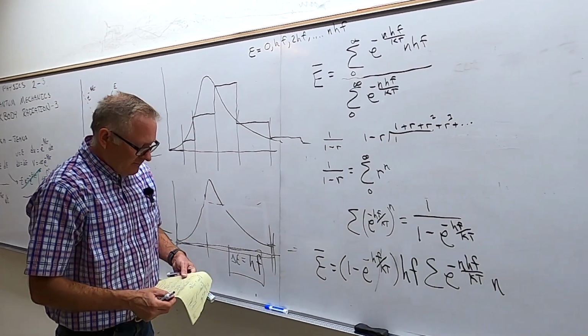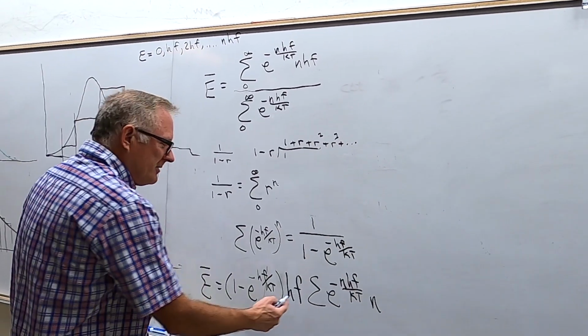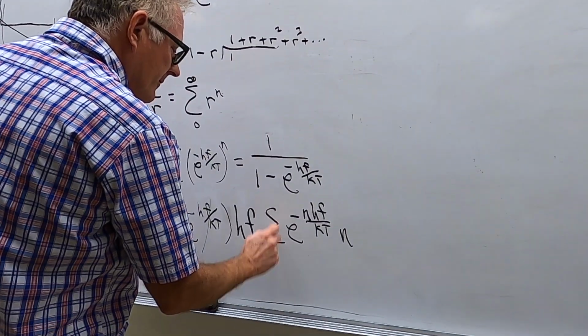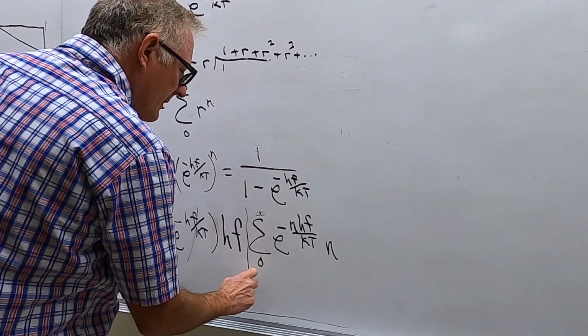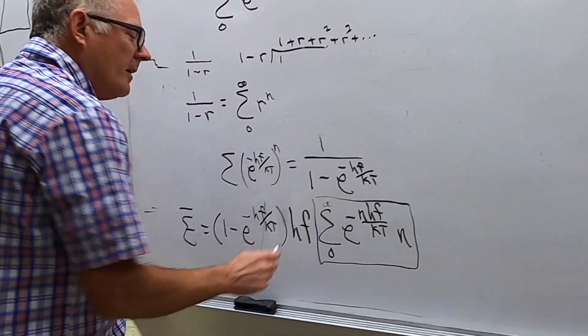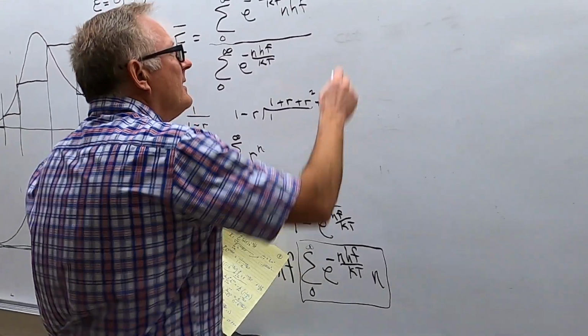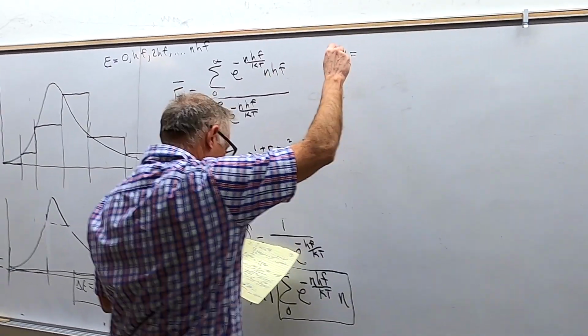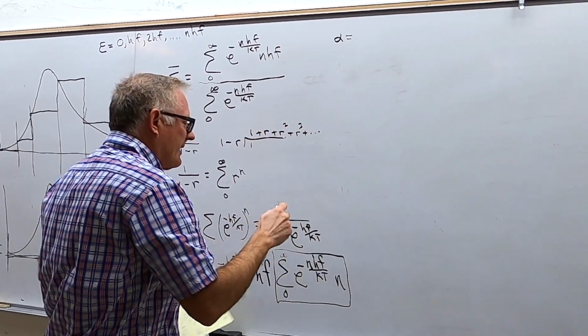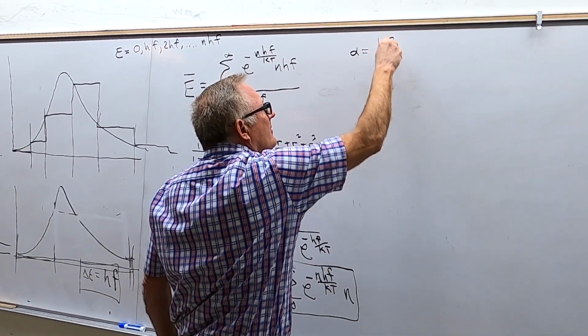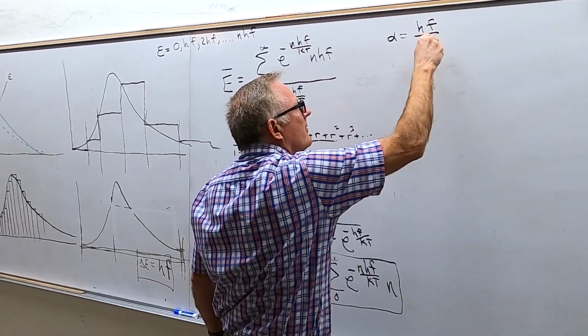Okay, so how do we solve this sum right here, 0 to infinity? Well, let me let alpha for a minute just equal hf over kT, just to simplify something for a minute.